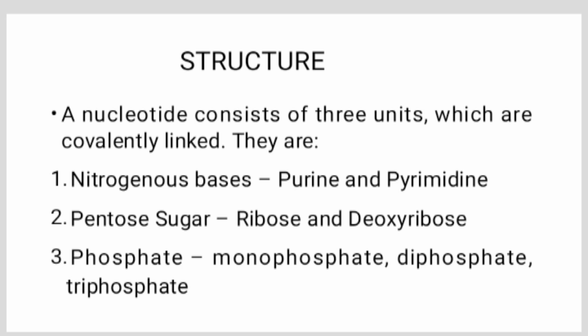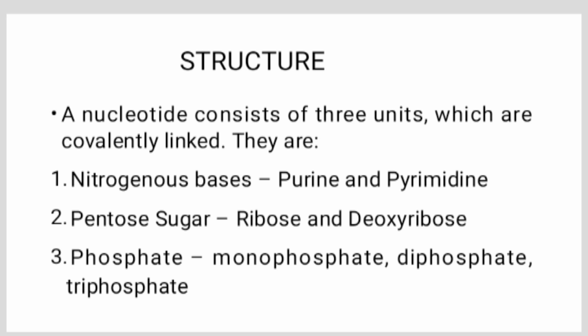The structure of a nucleotide consists of three units. One is a nitrogenous base, that is a purine or pyrimidine base. The second is a pentose sugar, like ribose or deoxyribose. The third is phosphate, depending on the number of phosphate groups present.